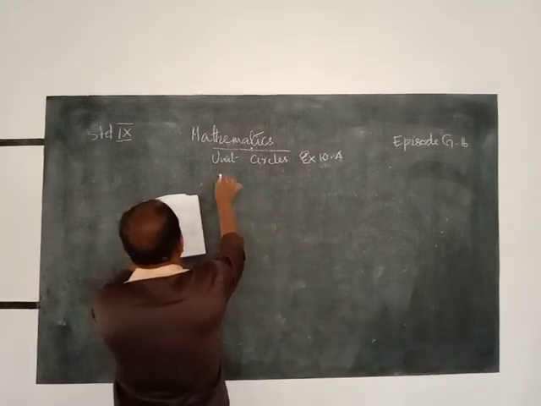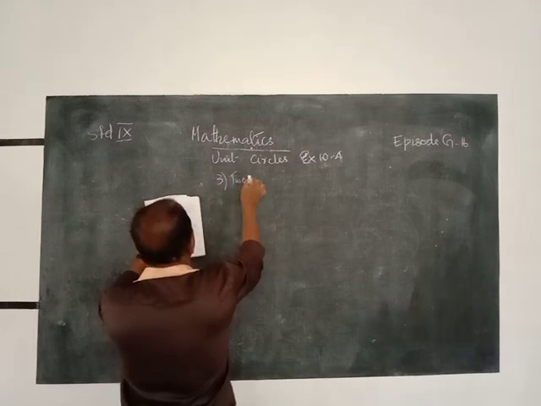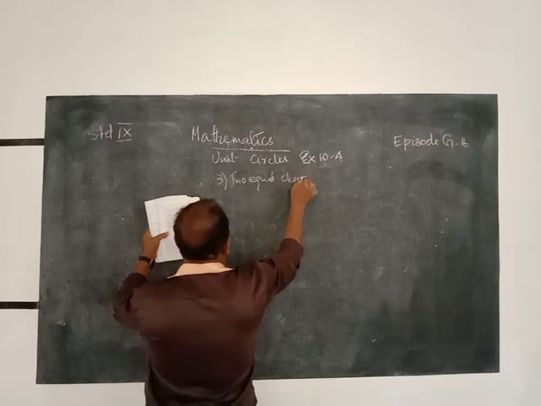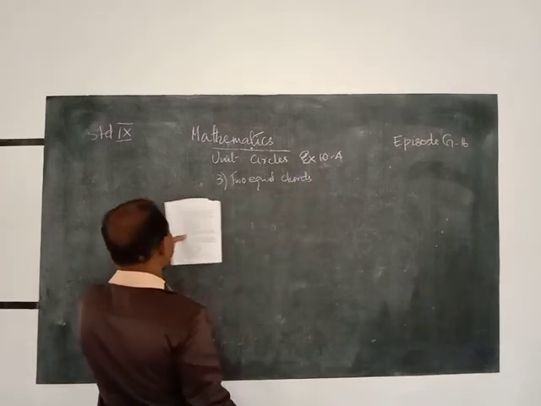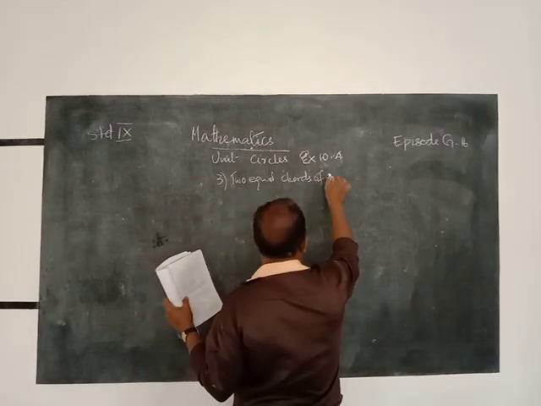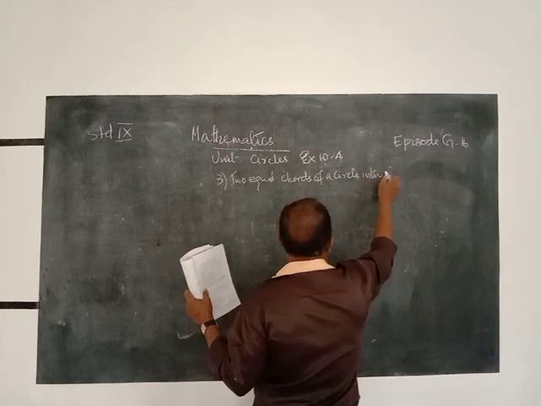Then question number 3, that is the same question. Two equal chords of a circle intersect.